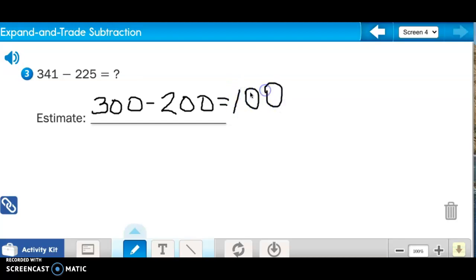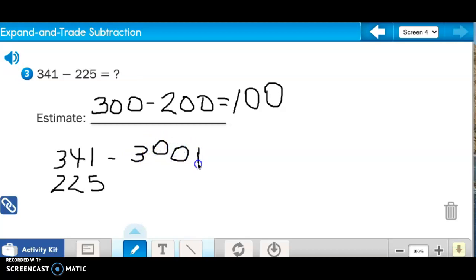Okay, now we're going to expand and trade. 341 and 225, when we expand it, is 300 plus 40 plus 1.